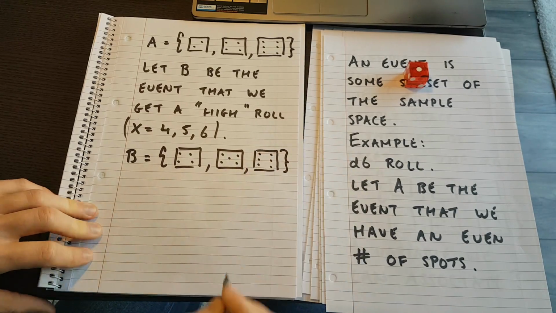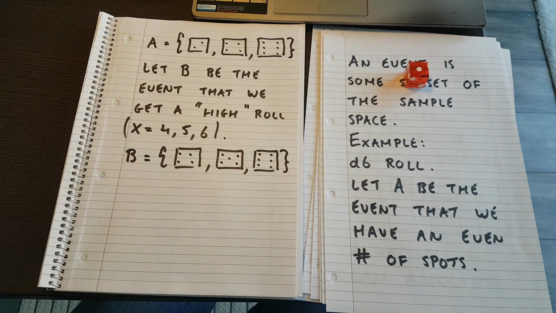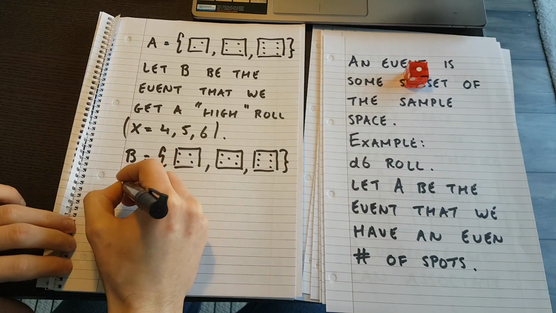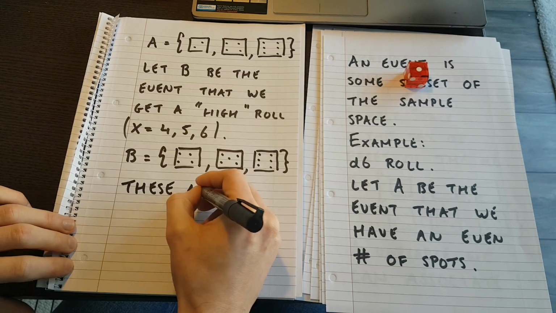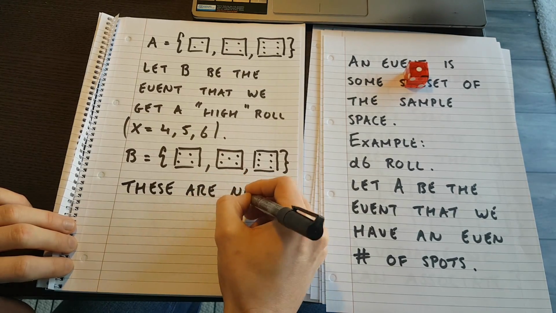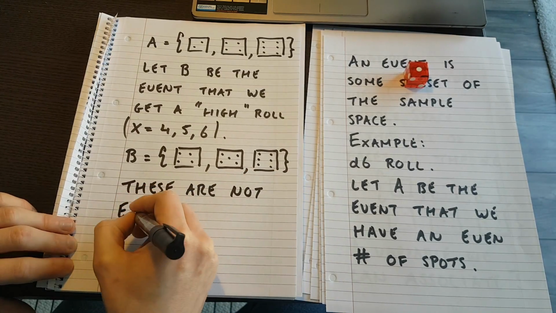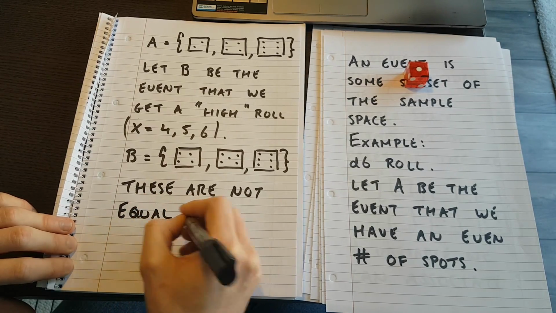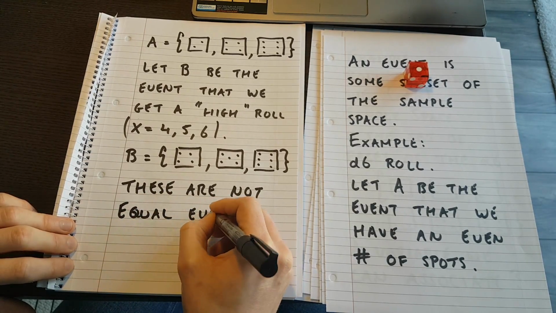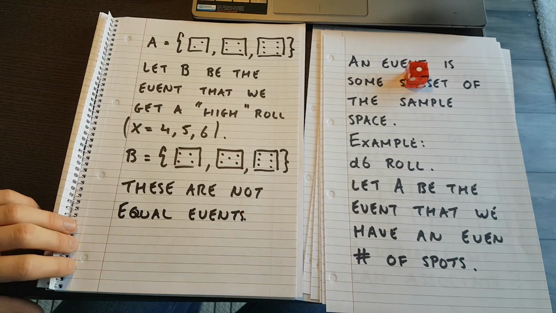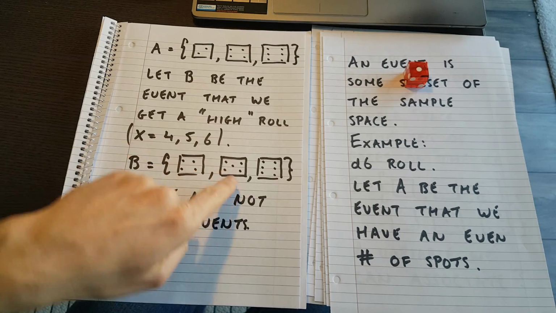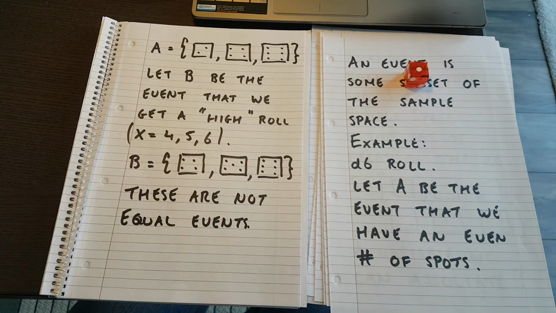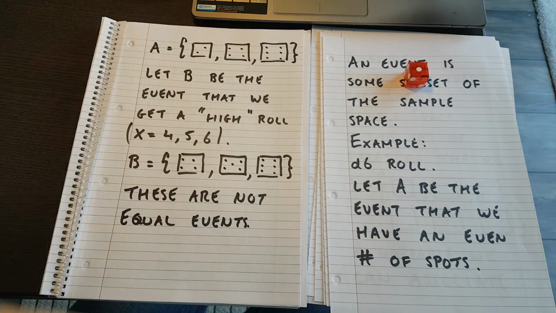Okay, and we can see that these are not equal events. Why? Because, for example, 5 is in B, it's one of the high rolls, but it's not an even roll.